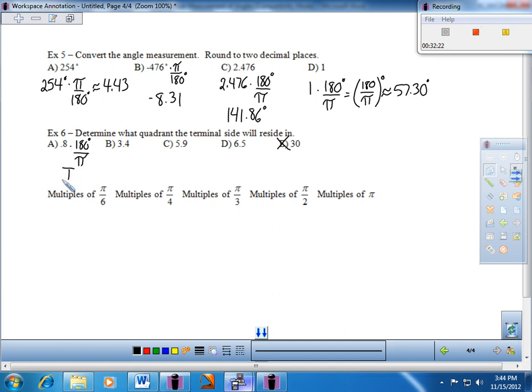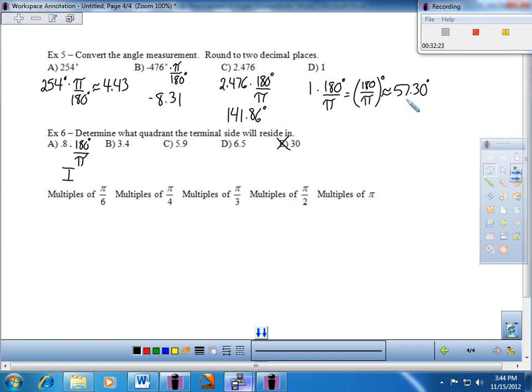So 0.8 radians is in quadrant 1. And that makes sense, right? Didn't we just say that 1 radian is about 57 degrees? So 0.8 radians has to be a little below that, so still in quadrant 1. I would love to leave this one up to you for a moment and see if you can pull off B, C, and D. Where are each of those terminal sides for those radian measurements of angles?